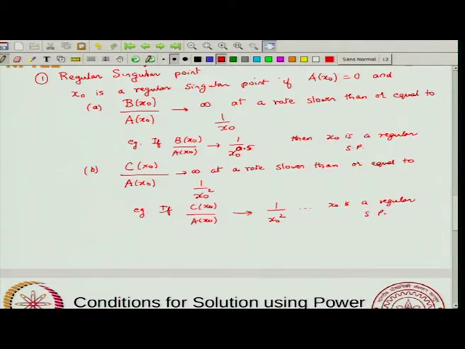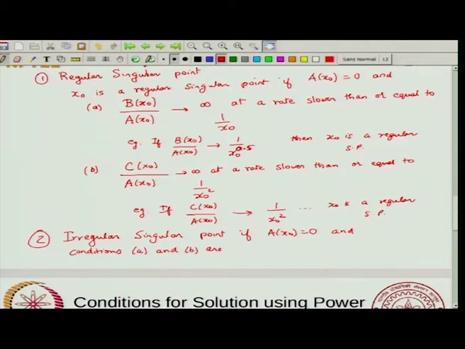So for all singular points, a of x0 equals 0, and for a regular singular point these two additional conditions should be satisfied. If they are not satisfied, it is an irregular singular point: a of x0 equals 0 and conditions A and B are not both satisfied.